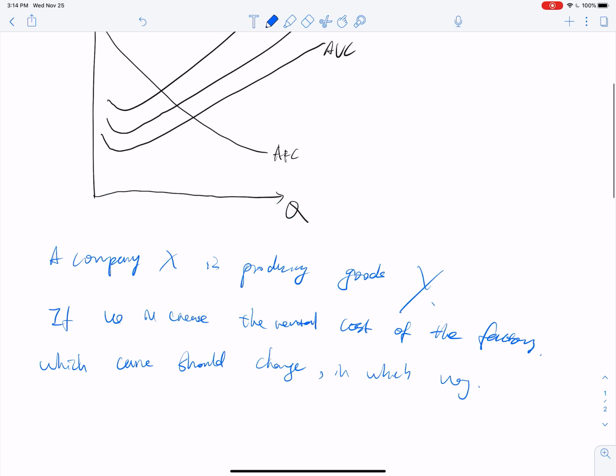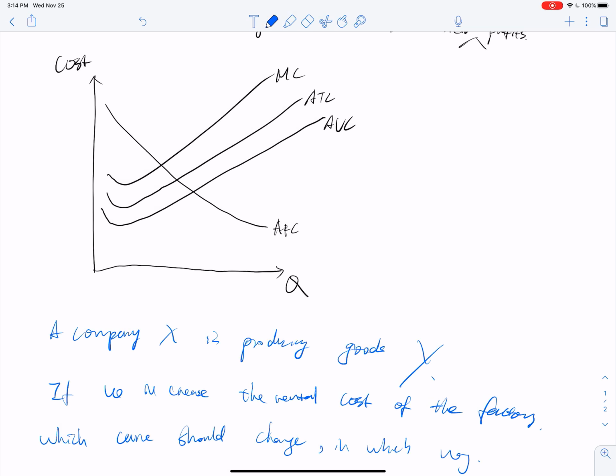So again, we already know. I'm just going to use this original graph, okay? So we already know this is my original graph.